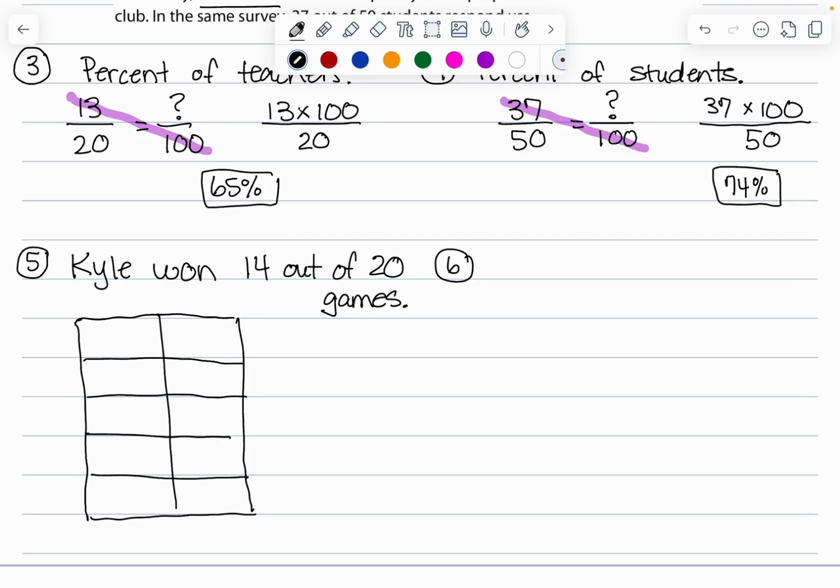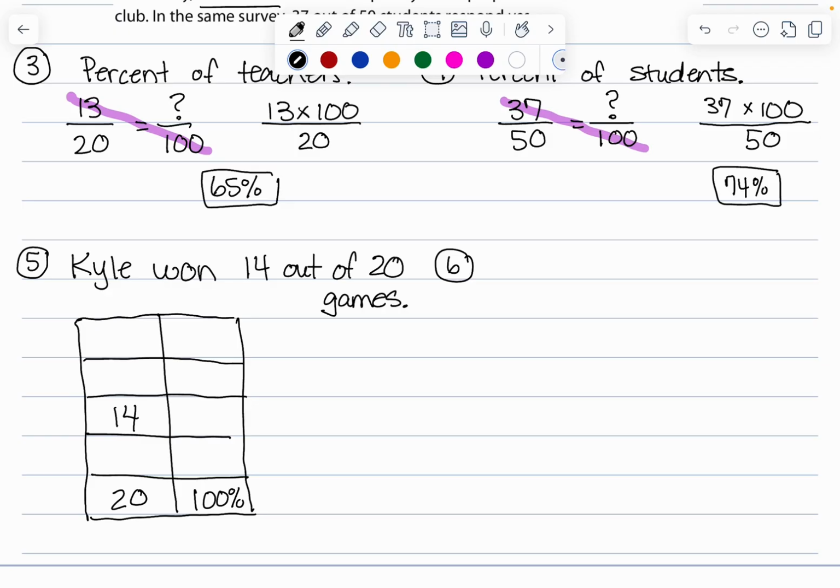I'm going to put my whole at the bottom. So 100% is my whole. I'm going to put percent only on the right. And that is 20 games. I want to find 14 games. So it's finding what can give me that value of 14 here.